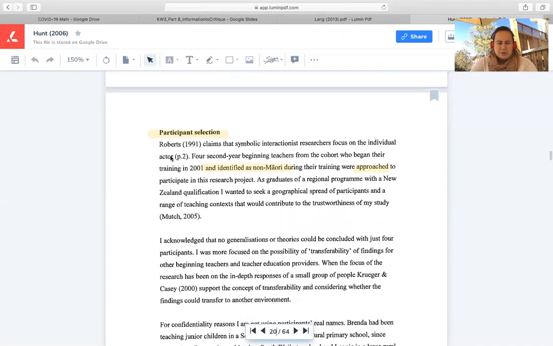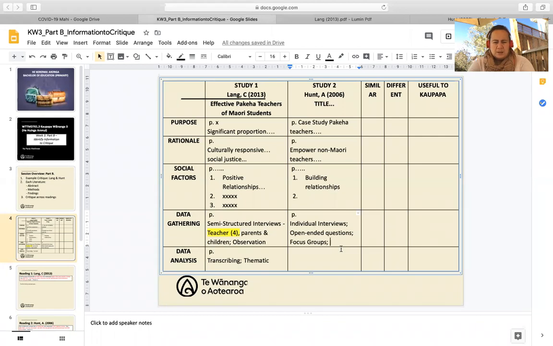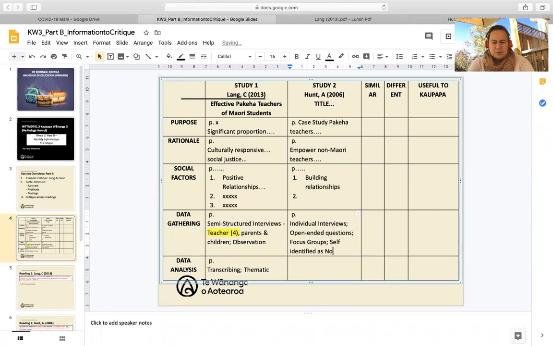Even here, see, you've got how were the participants selected? So they identified themselves as non-Māori. Okay, so that's important because when you're making your criteria, especially for a topic like this, it's about non-Māori teachers, so it's important to think, well, what are other non-Māori teachers doing?